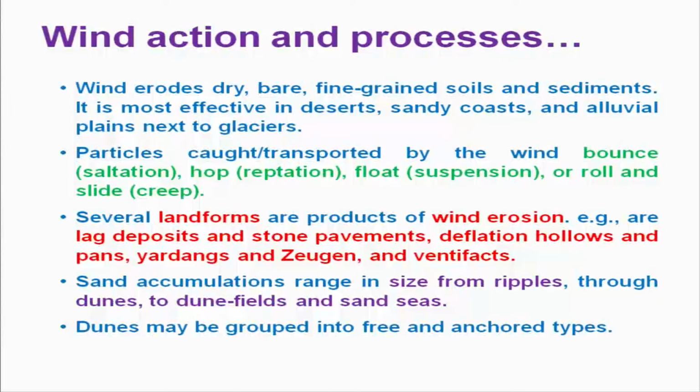Then you can have dunes, dune fields, or sand seas, which are extensive deserts. Another thing we usually see is that dunes may be grouped into free and anchored types. Either the dunes keep moving, or they are anchored to a vegetal cover or so.